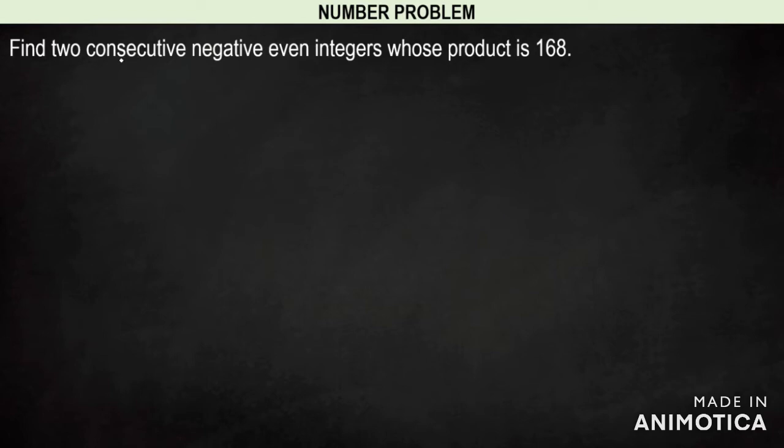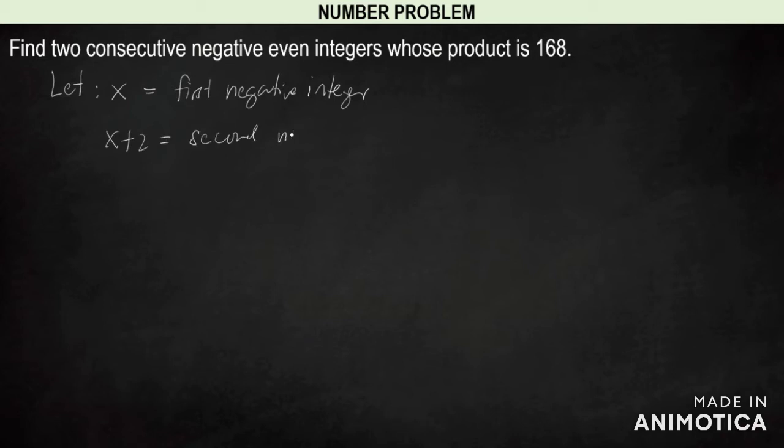So, the unknown is two consecutive negative even integers whose product is 168. So, we let x be the first negative integer, and we let x plus 2 be the second negative integer.